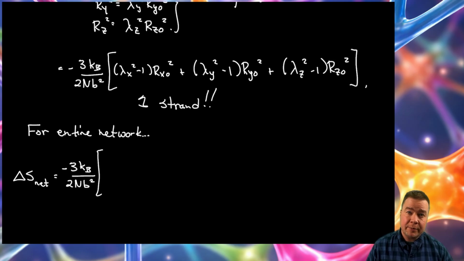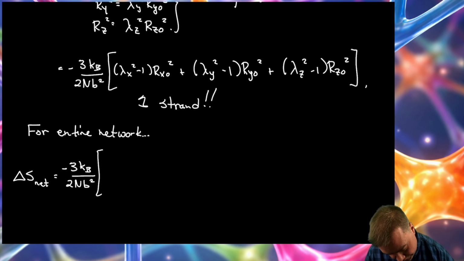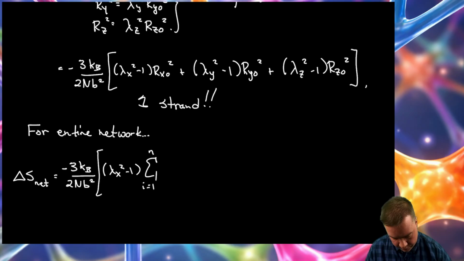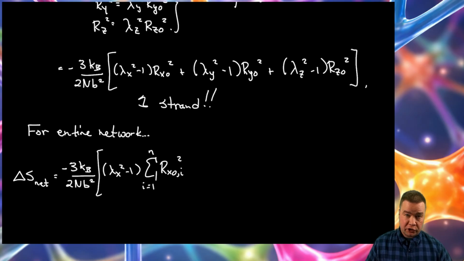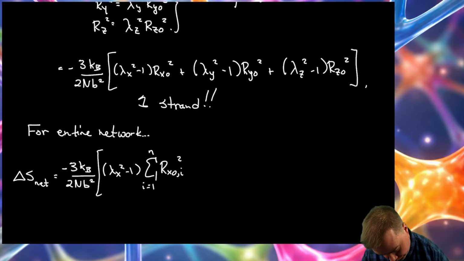So lambda x is going to be the same for all the strands, lambda y is going to be the same for all the strands, lambda z is going to be the same for all the strands. So we're going to get something that looks like lambda x squared minus 1, and then we have to sum up from i equals 1 to n, Rx0,i squared. We're summing up all of the strands in the x direction.